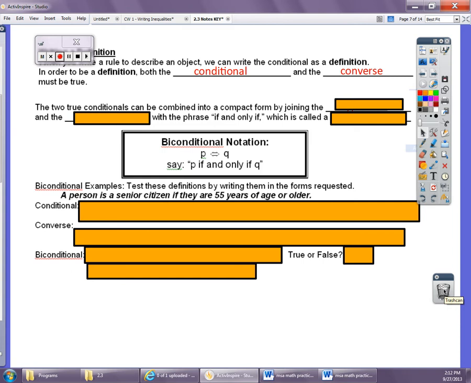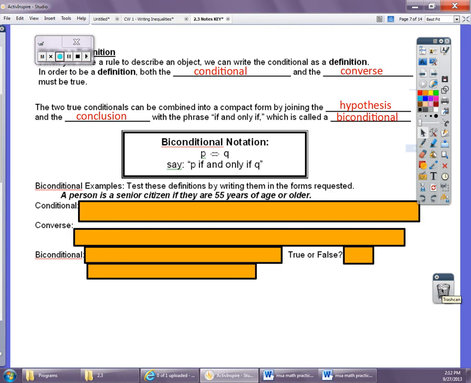The two true conditionals can be combined into a compact form by joining the hypothesis and the conclusion. That's the if and the then. Instead, we're going to use this phrase called if and only if. This is called a biconditional.